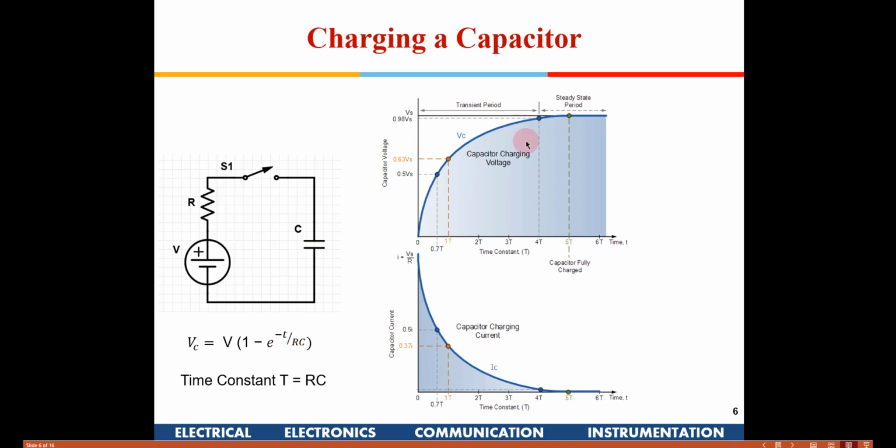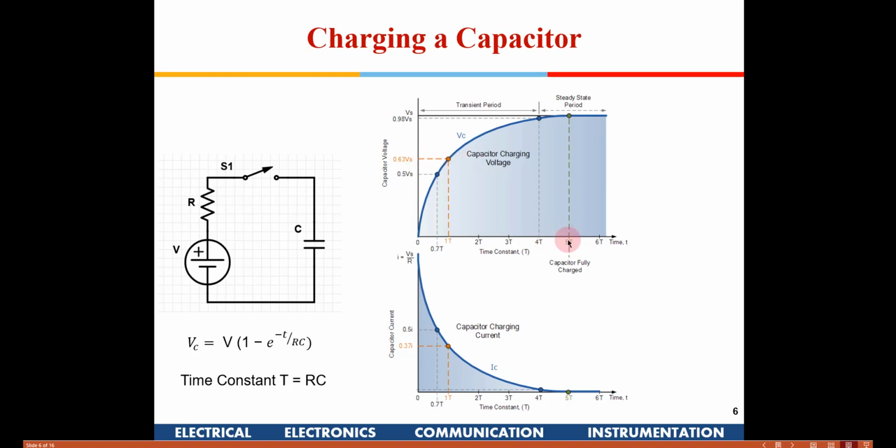So this is what is shown again. The voltage equation across the capacitor is given by V into 1 minus e to the power of minus t by RC. This RC is the time constant t. At 1 t, the output voltage will reach around 0.63 times the voltage.